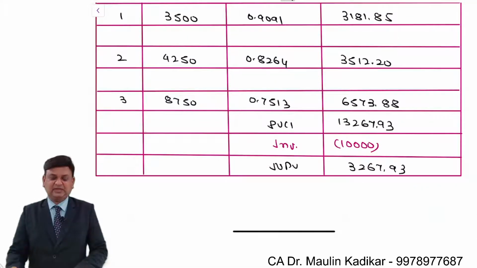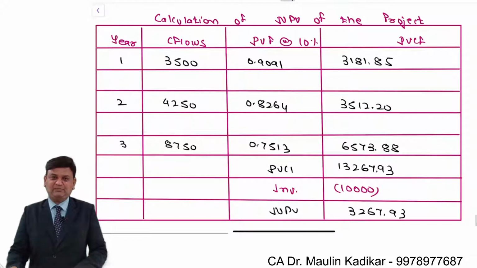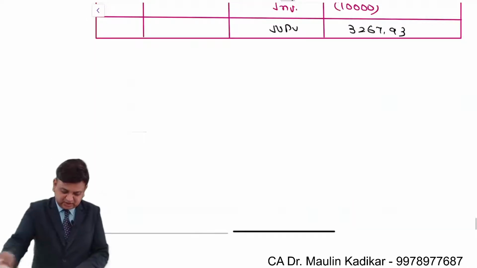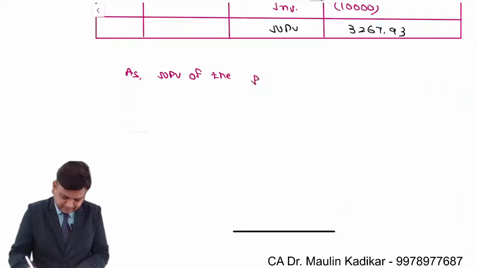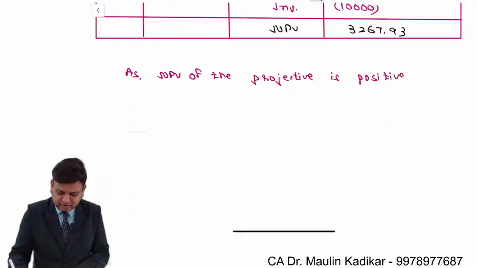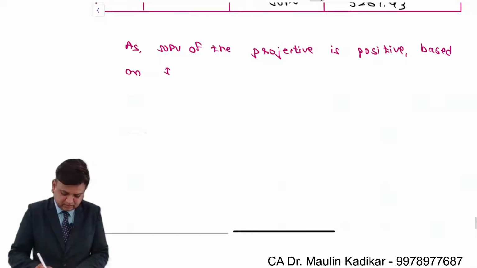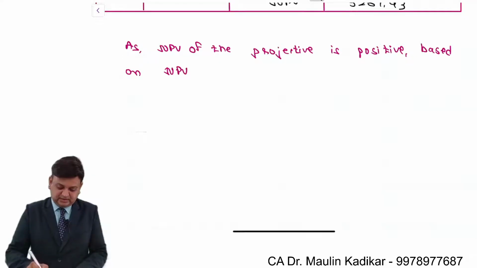So based on NPV criteria, the machinery should be purchased because NPV of the project is positive. Write the answer: as NPV of the project is positive, based on NPV criteria, the project should be accepted.